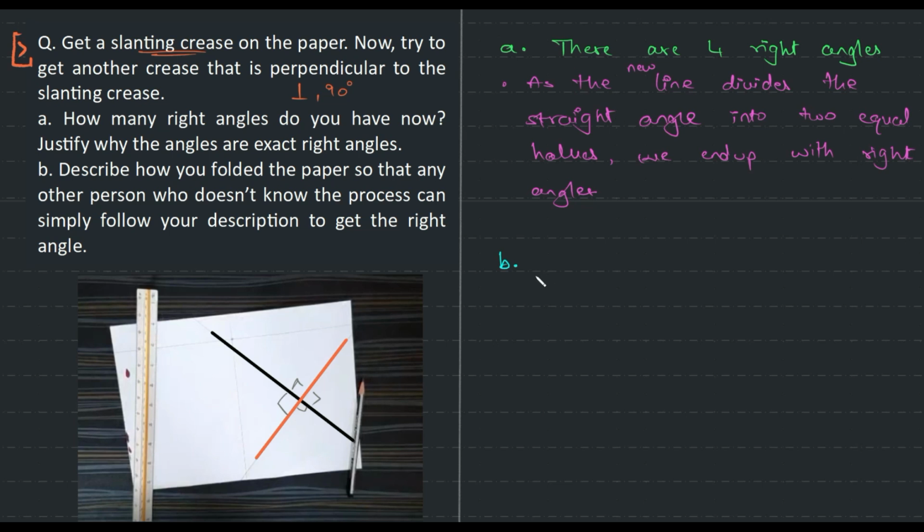Again, if you want to describe it any other way, that's also okay. Describe how you folded the paper so that anyone else can follow. Okay. Now, step by step, I'll write the steps, then I'll try to make sense out of it for you guys. So take a sheet of paper. I'll take a blank sheet of paper.